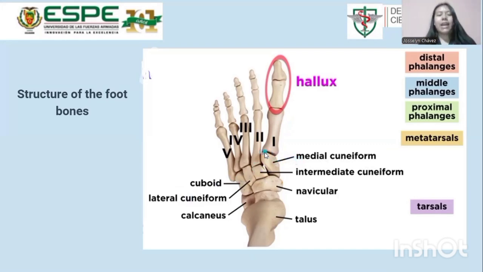Next, we see the metatarsals, with 5 metatarsal bones. Finally, like the hand, there are 14 phalanges. Each toe has 3 bones, except for the big toe, which has only 2, also known as the hallux.